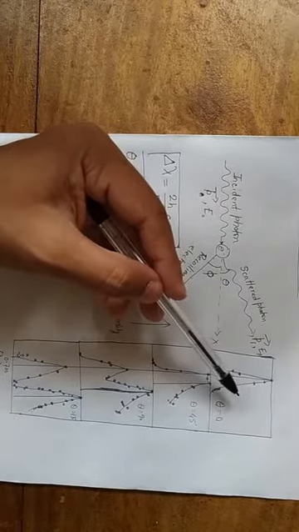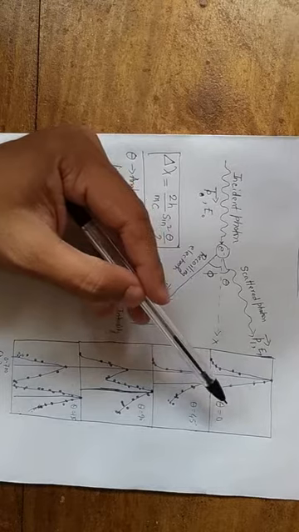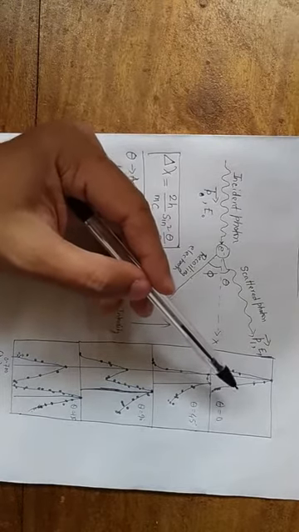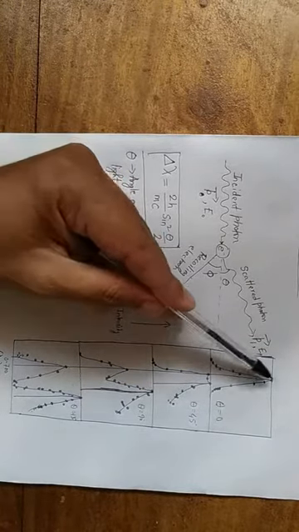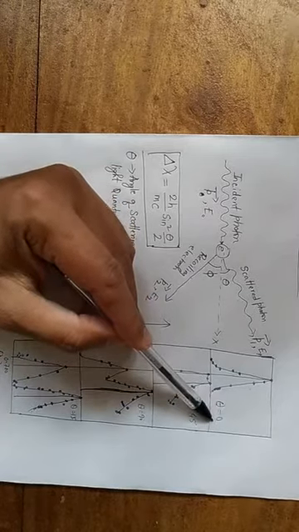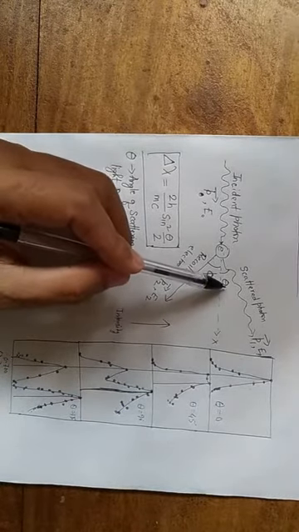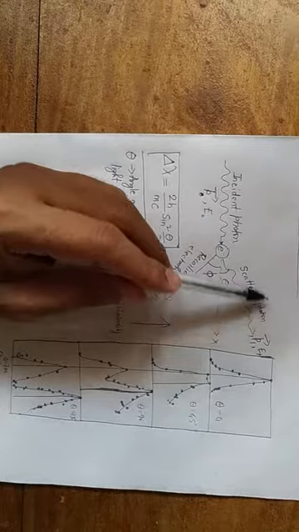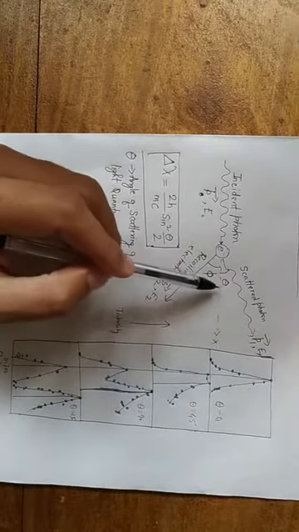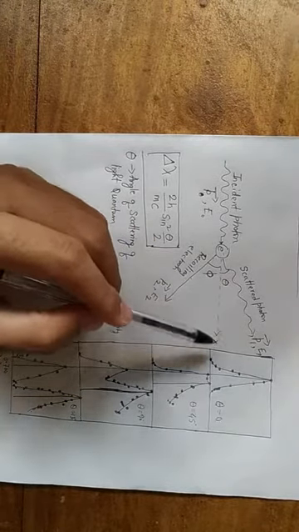is because of the fact that the photon may be scattered by the whole atom. So angle theta is equal to 0, so that means the scattered photon is along the direction of the incident photon.